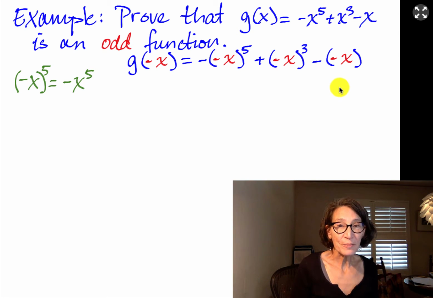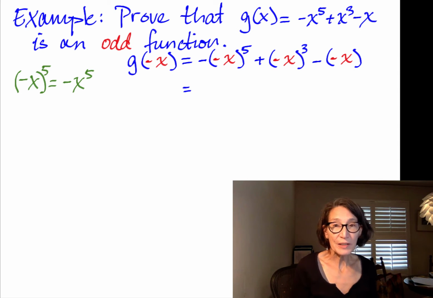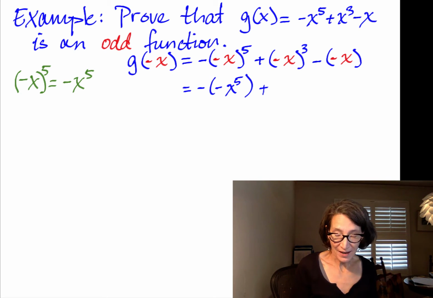So let's keep simplifying g of negative x. The first term is negative x raised to the fifth, so we're going to change that to negative x to the fifth. All right, it's very subtle. And then the next term is the same thing. We're going to change negative x raised to the third to negative positive x raised to the third.